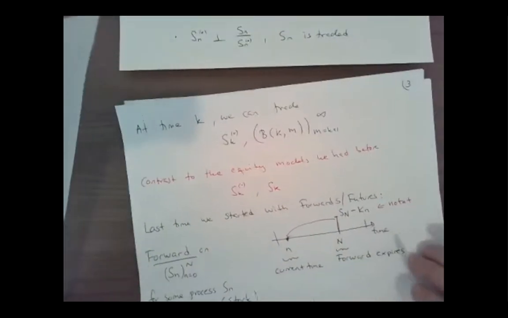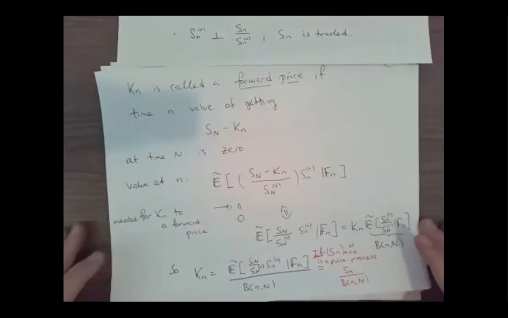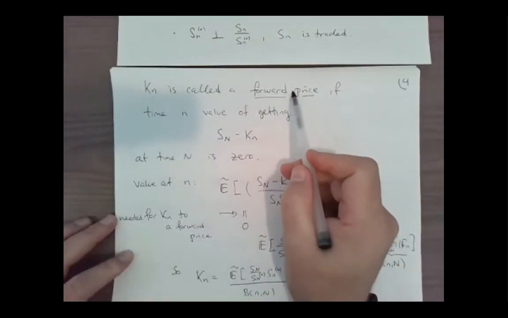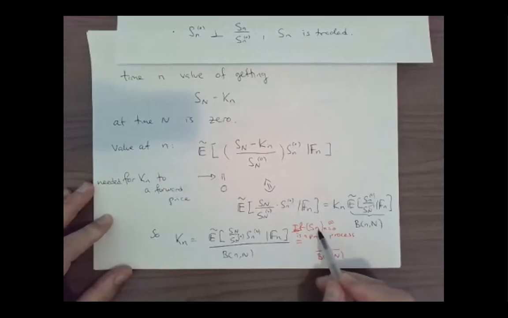So what did we have? Very early on in today's lecture, we had a discussion about the forward price, and in particular about the forward price when the underlying is traded.